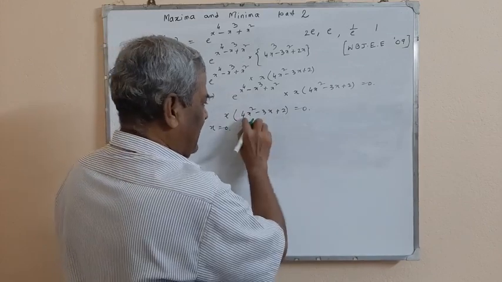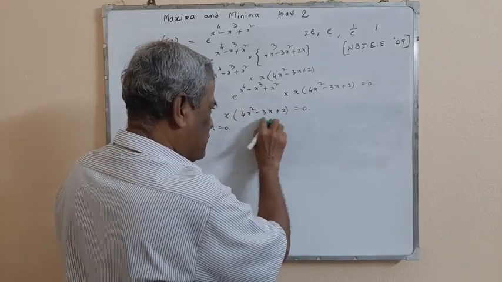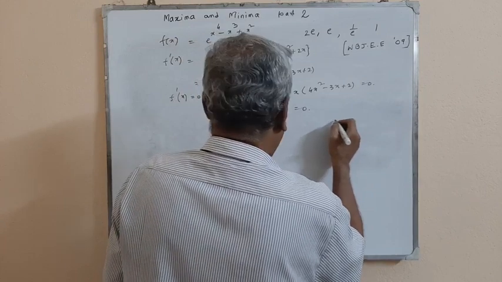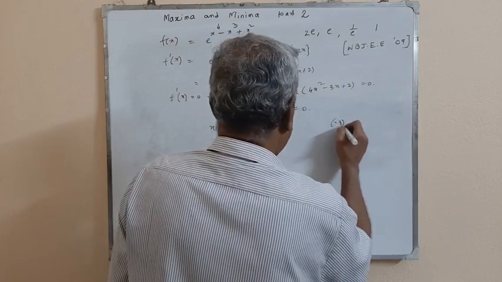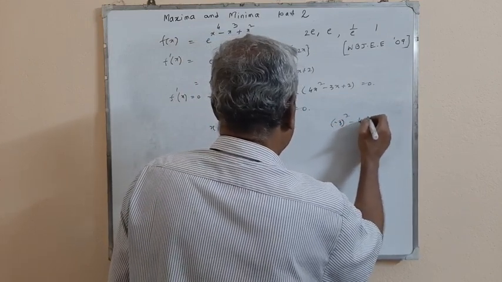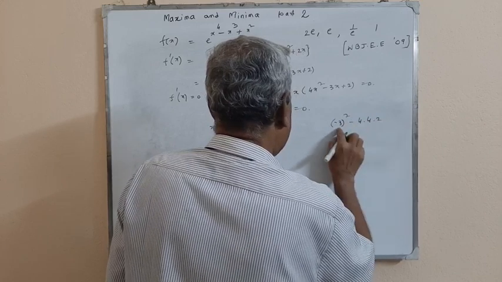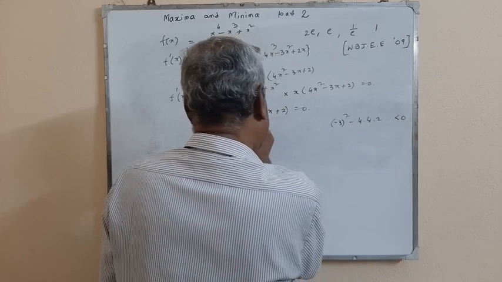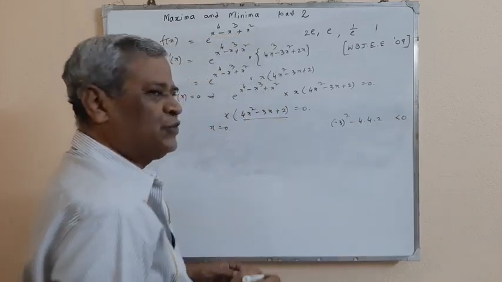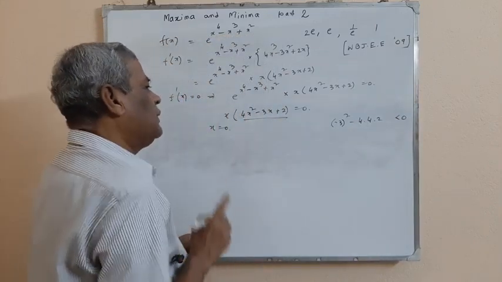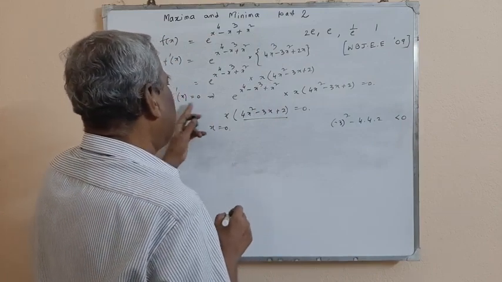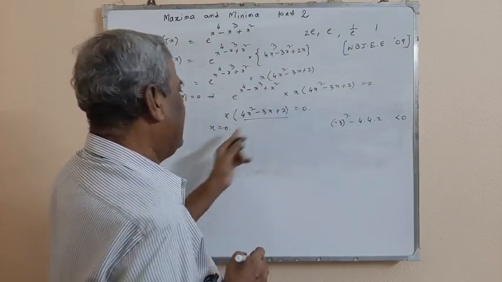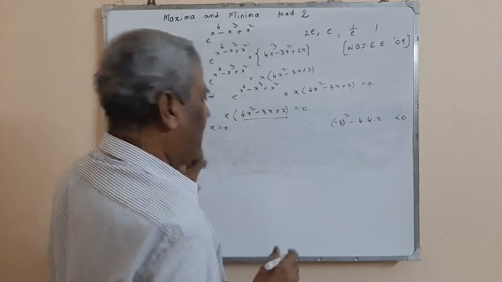But its discriminant is minus 3 whole square minus 4ac, 9 minus 32, negative. So it has no real root. So the only possibility is that f dash x is equal to 0, we get x is equal to 0.